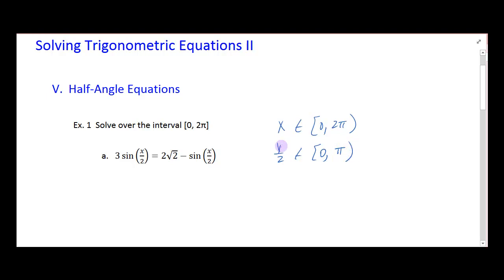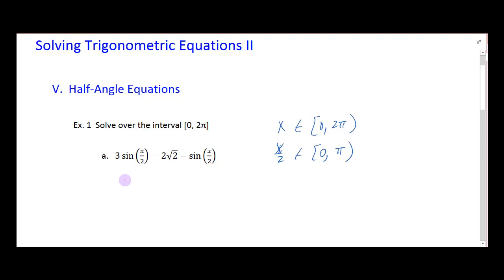So once we adjust our interval, then we're going to come back over here and we're going to try to solve this equation. Just like we've done previously, I want to get all of my like terms together on the same side, so I'm going to add sine x over here to the left-hand side.